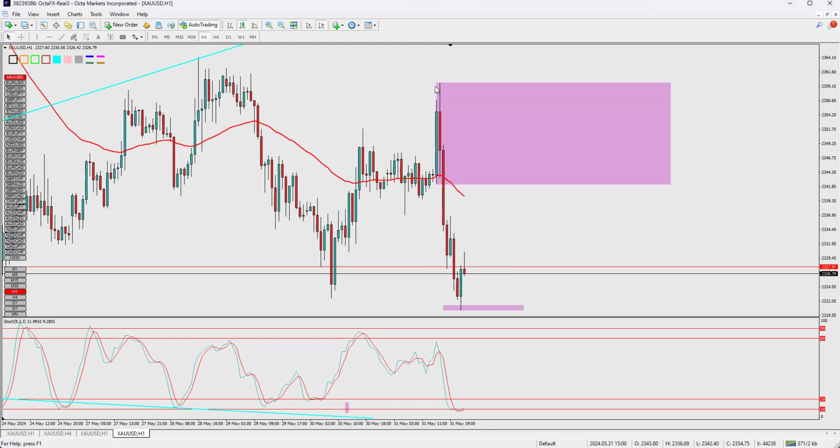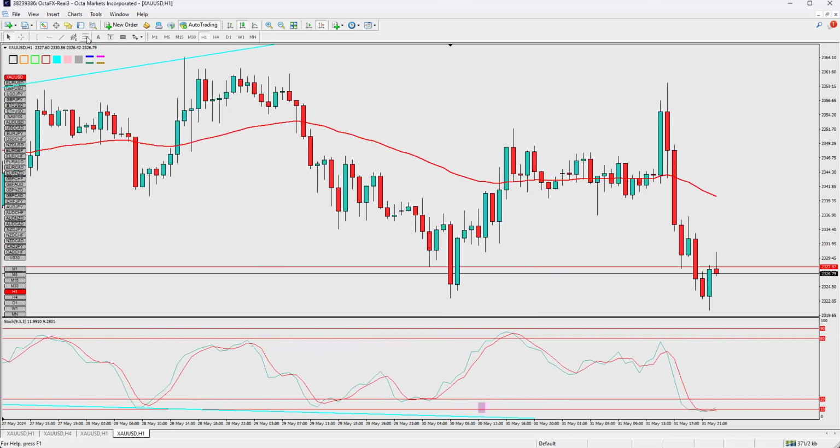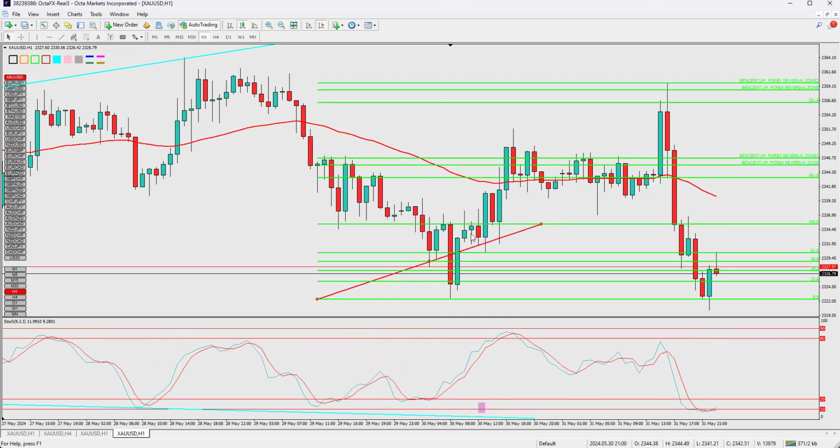Like this one right here. On Friday, because after news I didn't trade, if I wanted to trade, this is what I could have done. I could have used Fibonacci retracement. I'll just open this one right here. Then I look for the breakout. This one is candle engulfing.